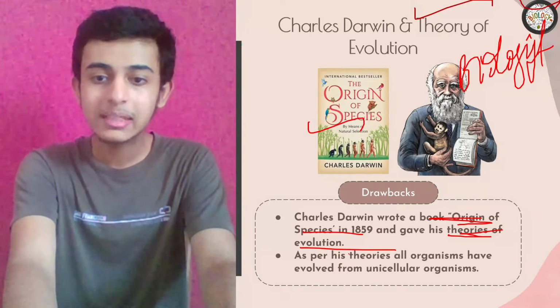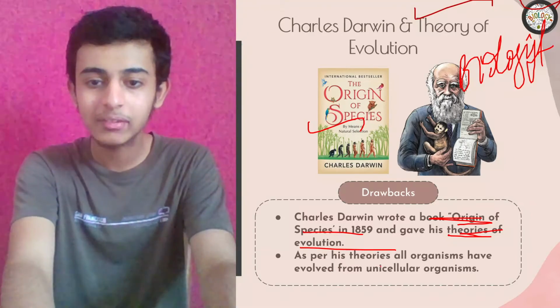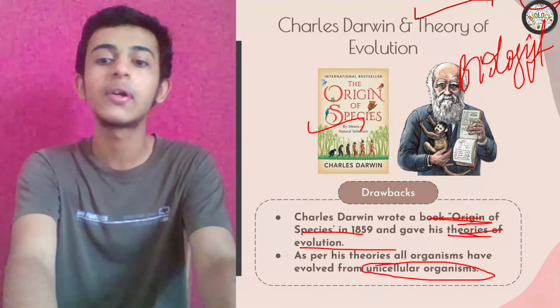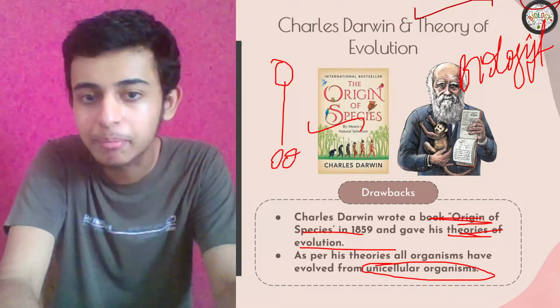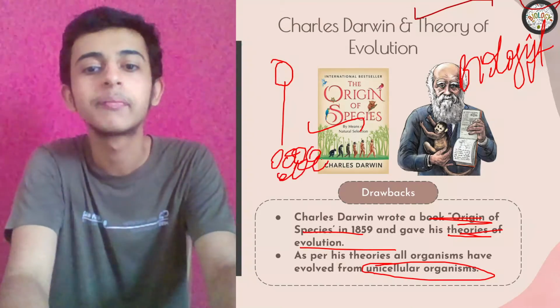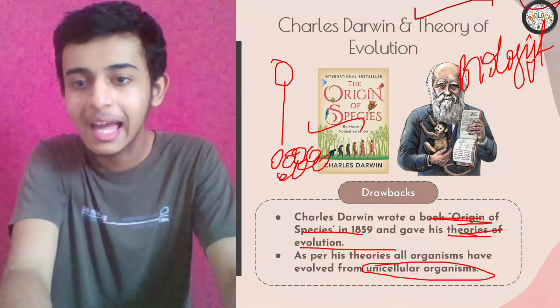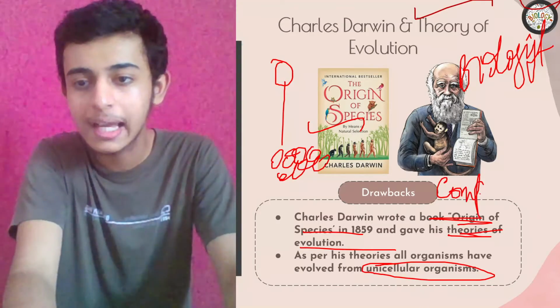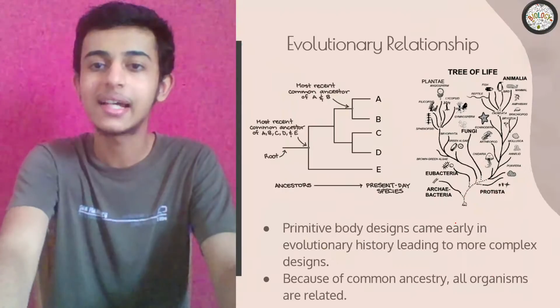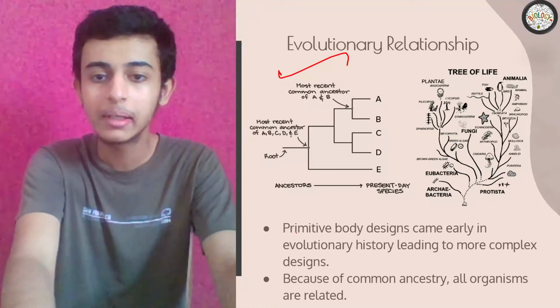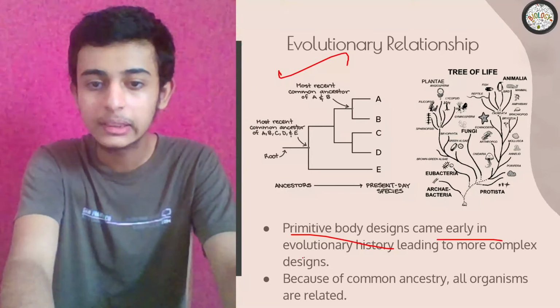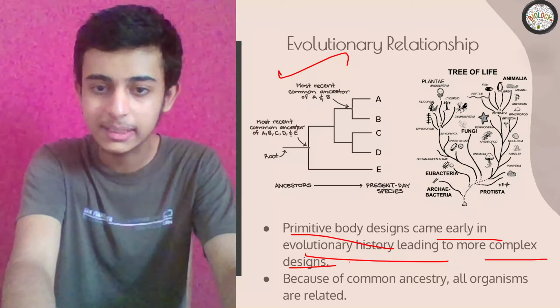As per his theories, all organisms have evolved from unicellular organisms. From one cell, many cells have been formed, because of which the organisms became more and more complex with time. Talking about evolutionary relationship, primitive body designs came early in the evolutionary history, leading to more complex designs.